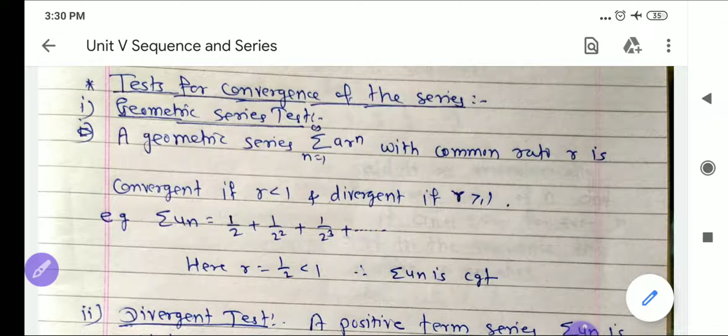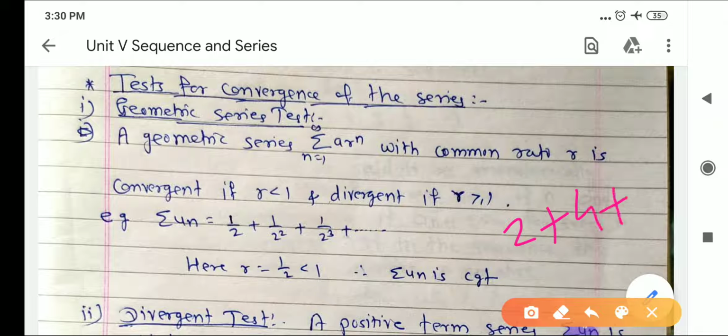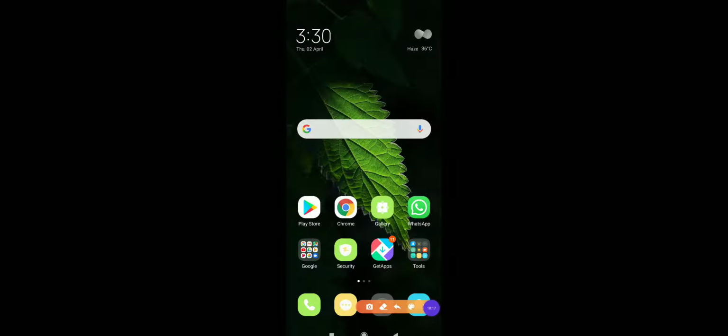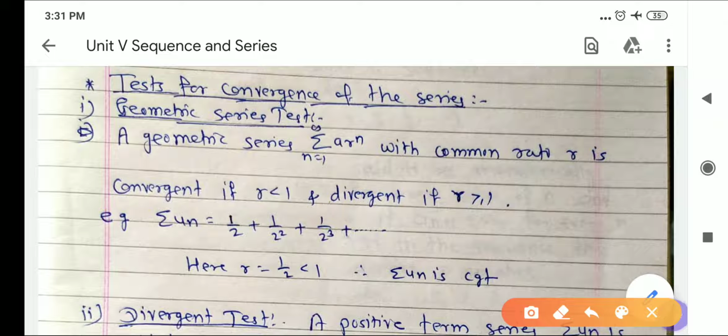If we take a second example, say 2 plus 4 plus 6 plus and so on, this is also a geometric series, because here the common ratio is 2.